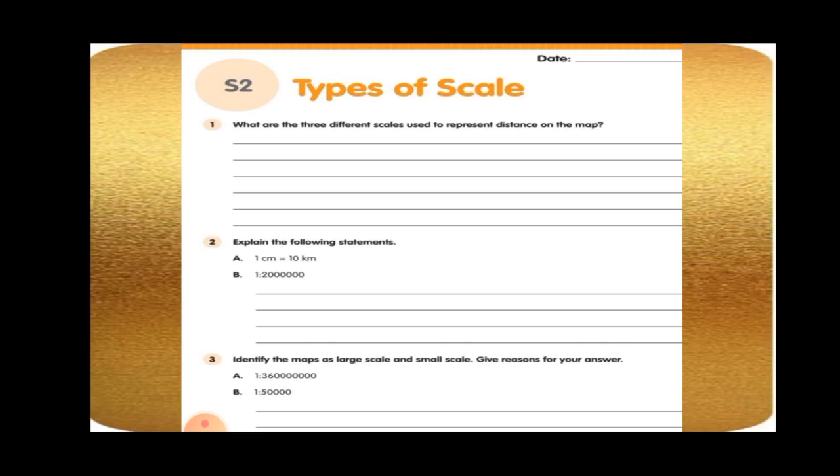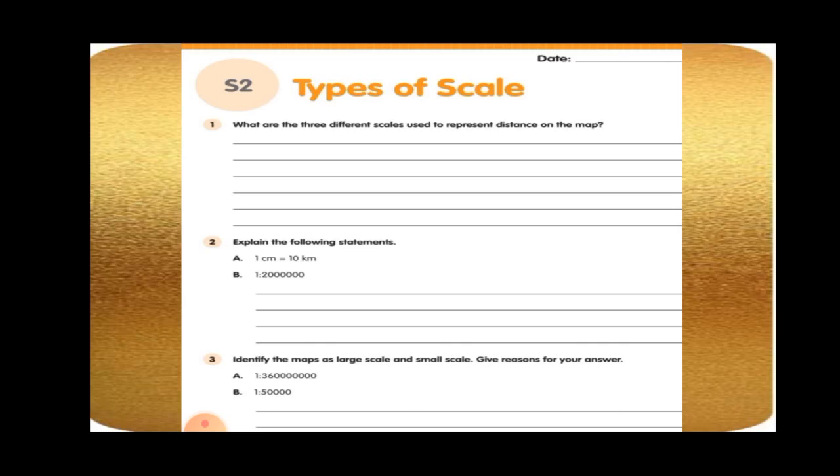The question number 1 is what are the three different scales used to represent distance on the map? You know the answer. We can represent distances on a map using a verbal scale, representative fraction scale, and graphic scale.